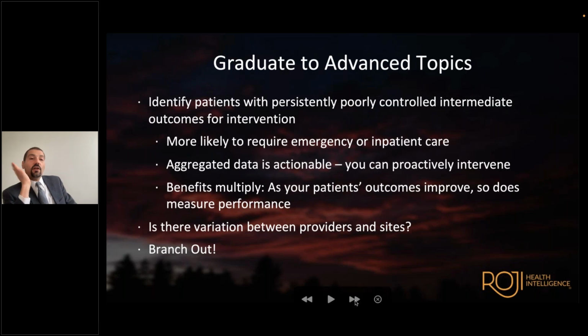Let's say if they have heart failure, they have not been managed, or they have not seen a cardiologist. So the patients are going to get better, and you're going to also then see better measure performance. And that also is going to mean fewer costs down the road. So once you've identified these patients, you can look at the difference between providers and sites, and then you can even branch out.